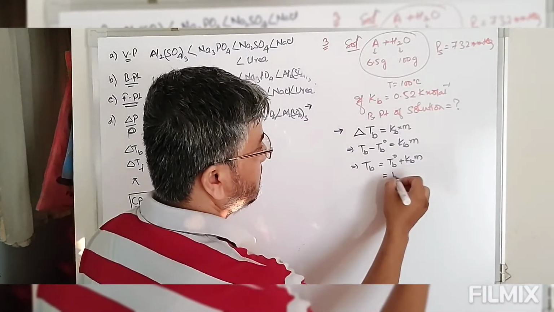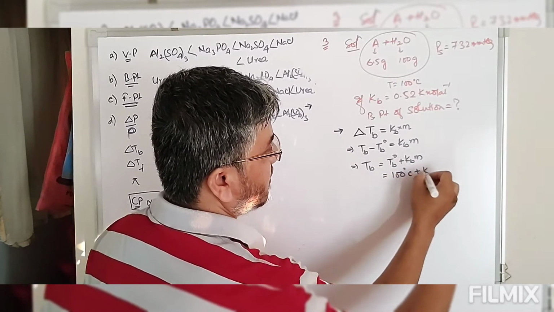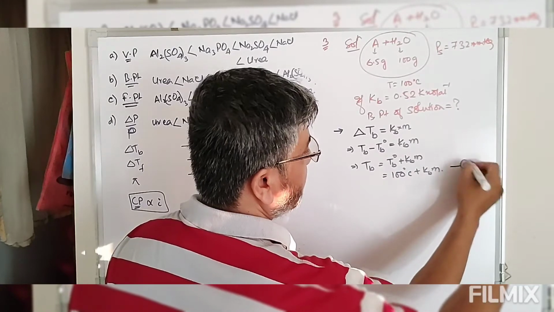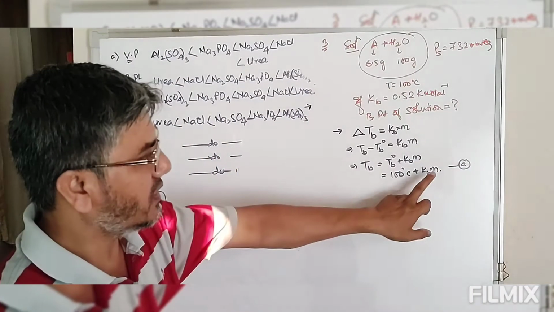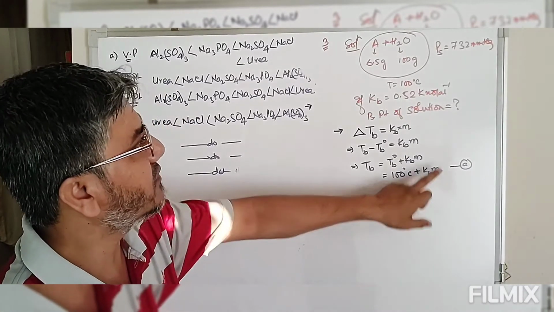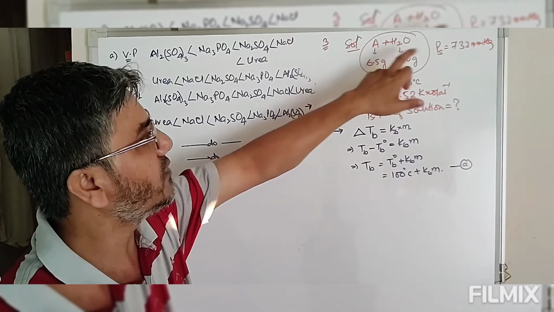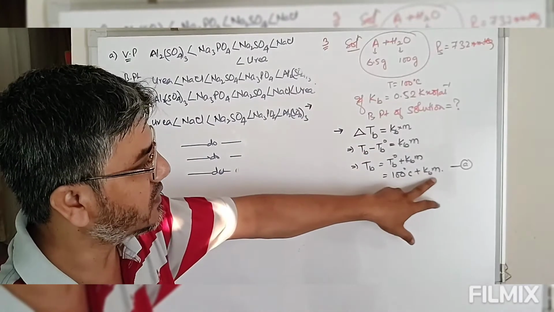Tb naught is 100 degree centigrade, so plus Kb into m. Now we have to find the value of m. To find m, we have been given the vapor pressure of solution. So from the vapor pressure of solution, we have to find this molality.